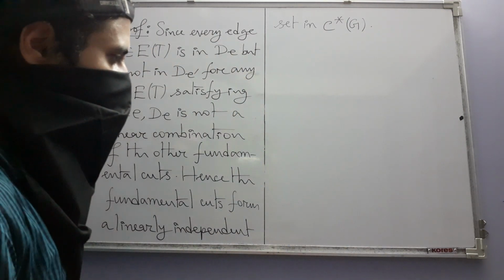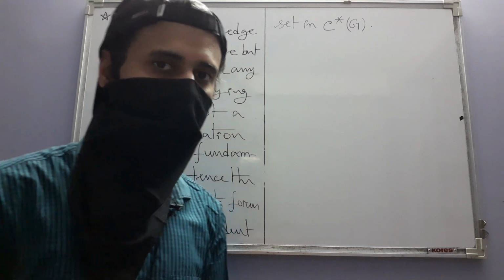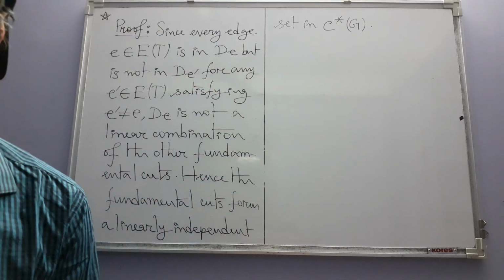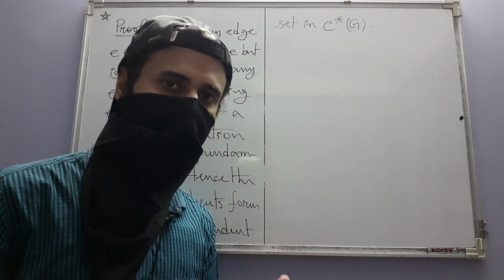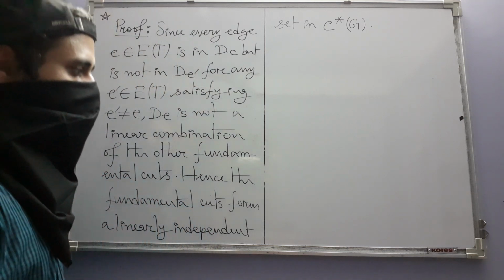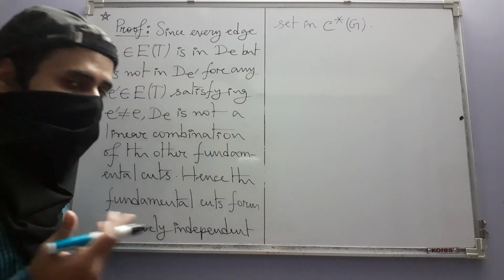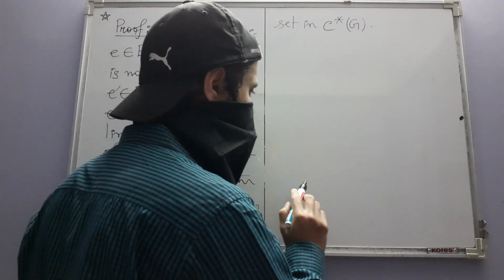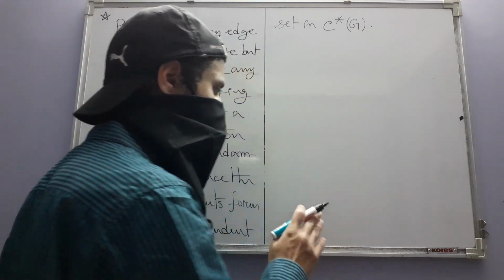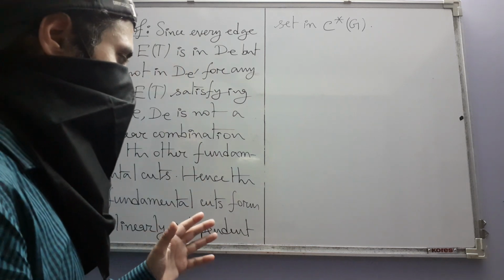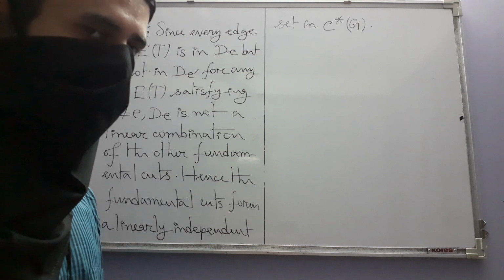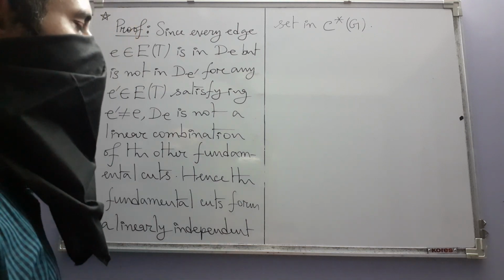Okay. Now in order to see how large this set is, you of course need to know precisely how many fundamental cuts there will be. How are we getting the fundamental cuts? For every edge in the spanning tree, we are getting one fundamental cut, and distinct edges are giving us distinct fundamental cuts.